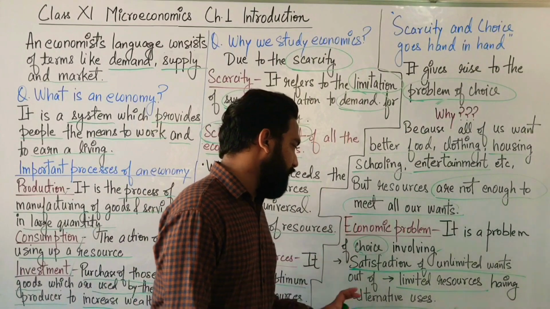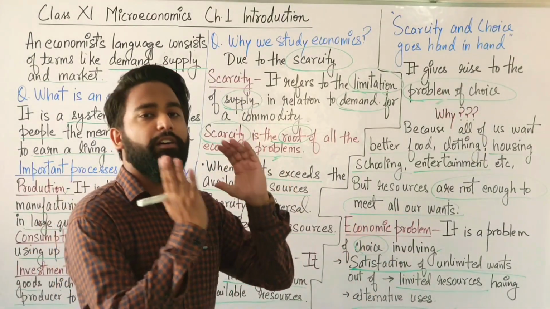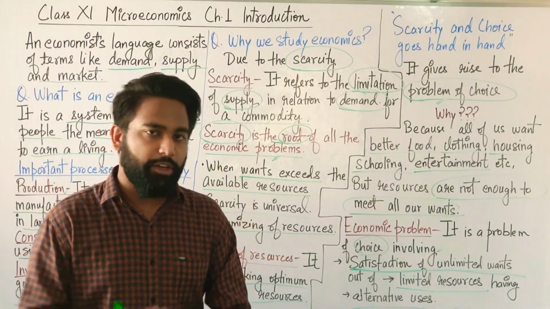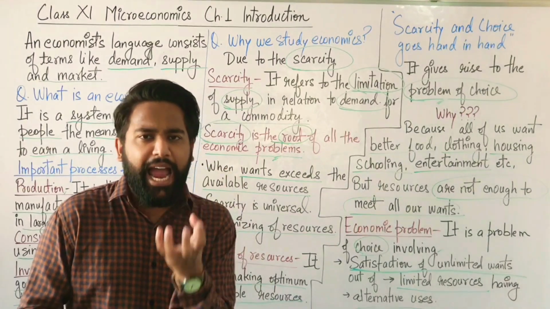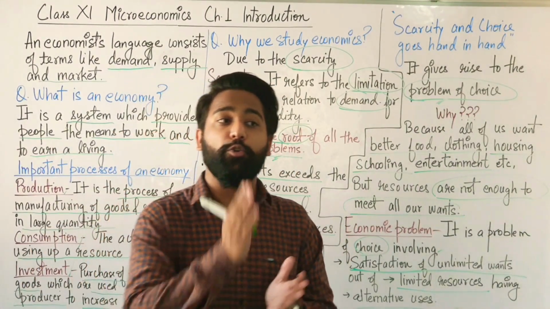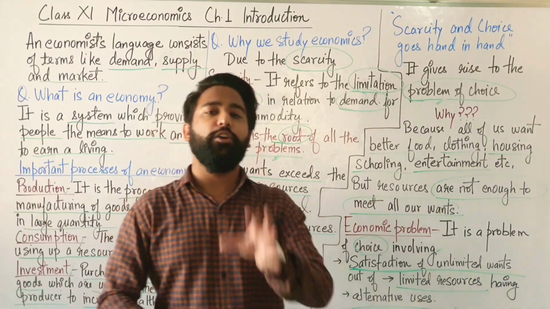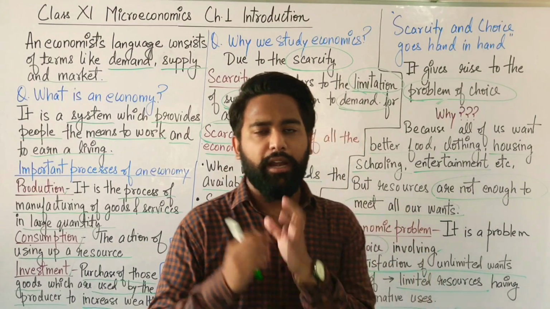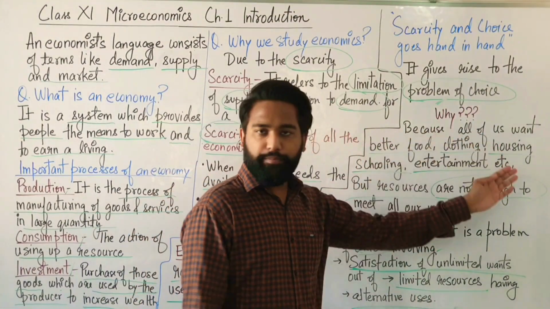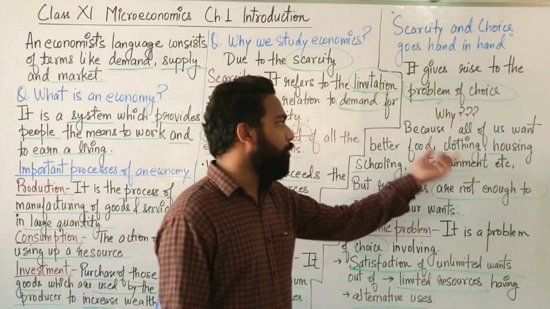Now take it this way. We want to satisfy ourselves with the different wants, but we have a very little amount of resources. But with that resource, we can do different things. If I give 100 rupees to 4 people and ask them to buy whatever they want, one person will spend that 100 rupees on clothing.